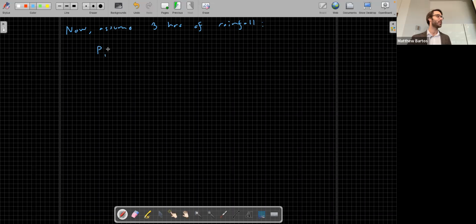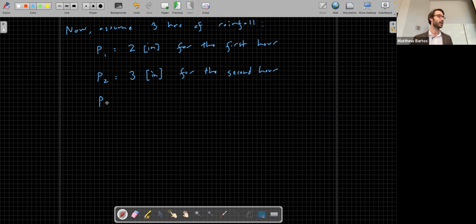We have precipitation in the first hour of 2 inches. For the second hour, we have precipitation of 3 inches. And for the third hour, we have precipitation of 1 inch.